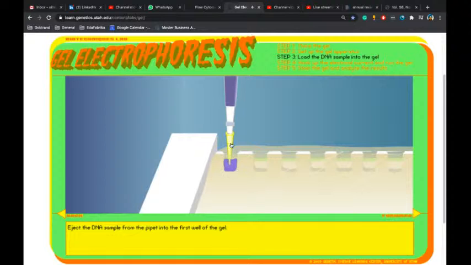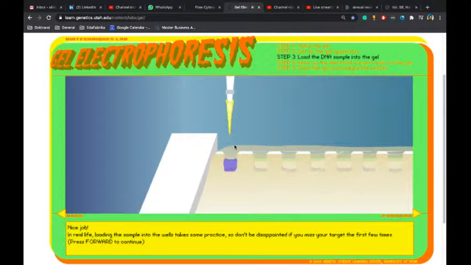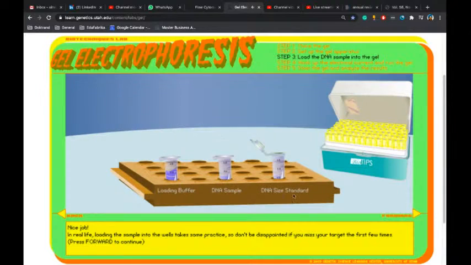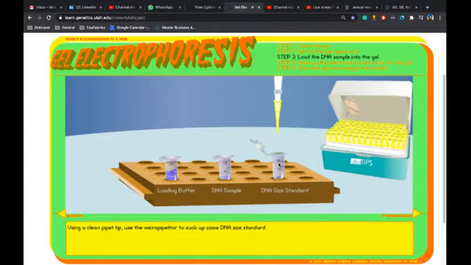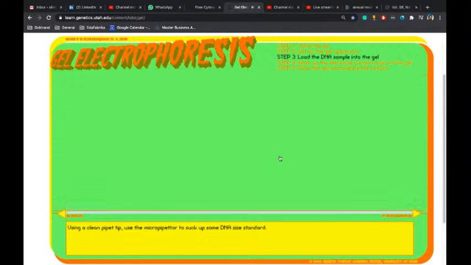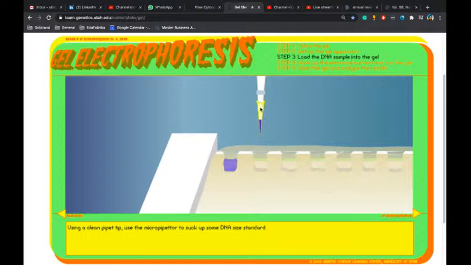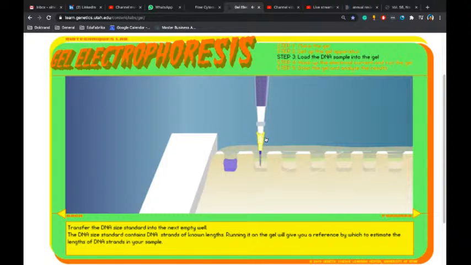Do it carefully so that it does not come out, it should go inside the well. In the second one, you add the DNA size standard, that is the molecular standard, so that we can know how much the size of our sample that we are running is. Like this.